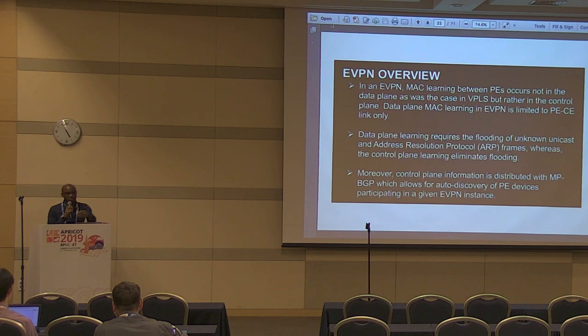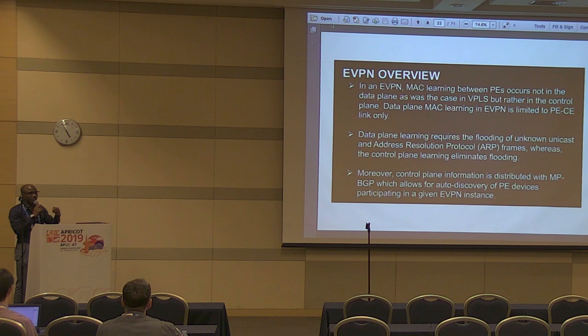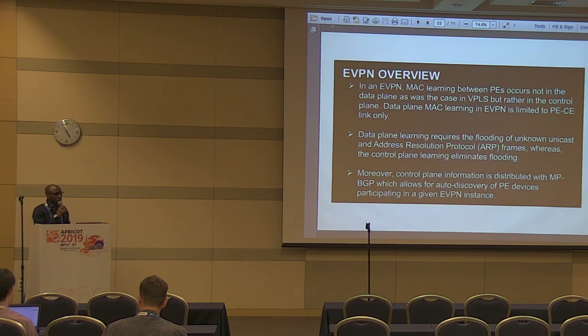With EVPN, that is taken away for you. EVPN provides auto discovery. The other thing we gain with EVPN is the unified control plane, which is BGP that we're all used to.